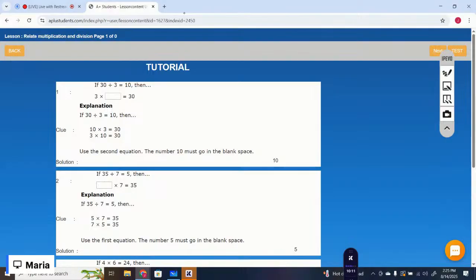That is 3 times 10 equals 30. The missing number is 10. Let's just start with the test questions.